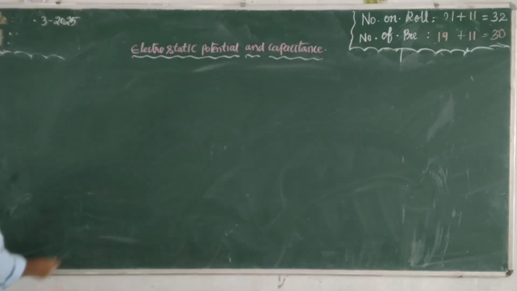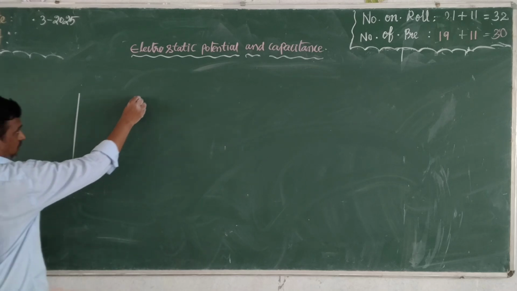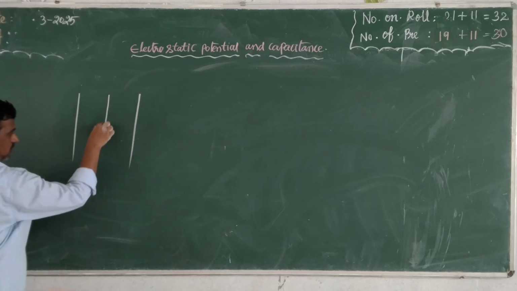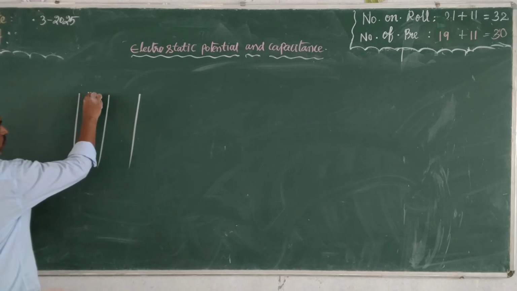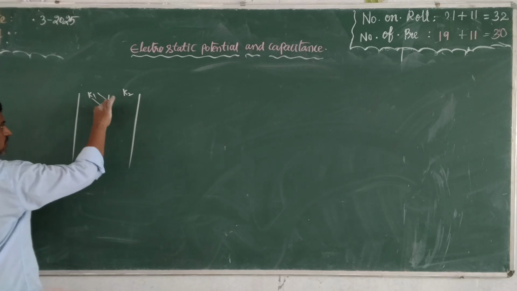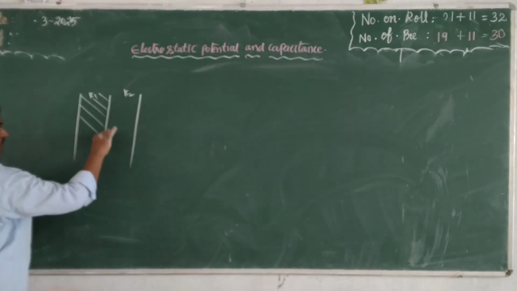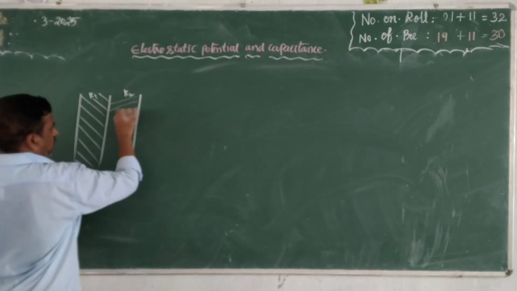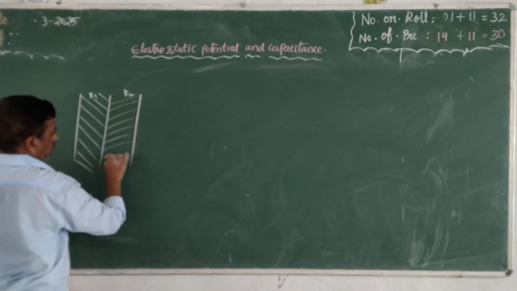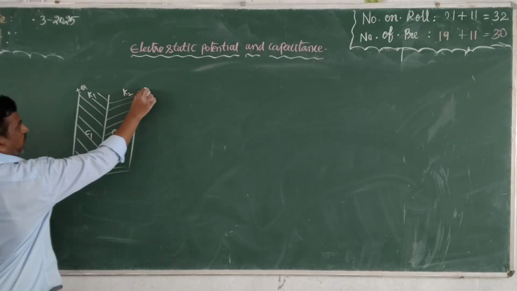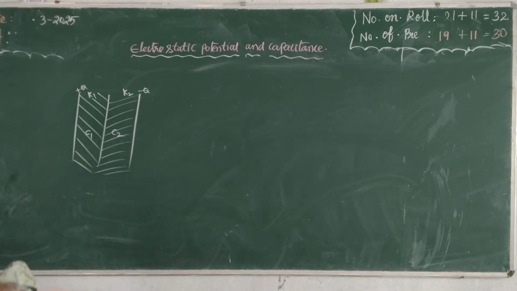See, for example, it is a capacitor filled with dielectrics. One dielectric constant is K1, the other dielectric constant is K2. So this capacitance is C1, this capacitance is C2. It is plus Q, minus Q here. What do we find out now?